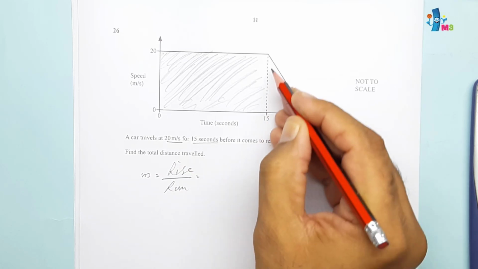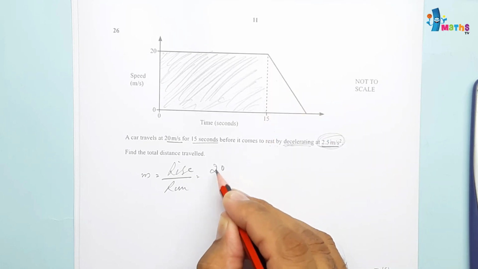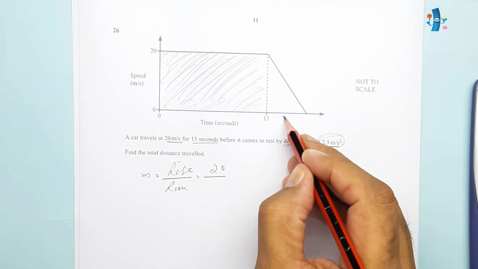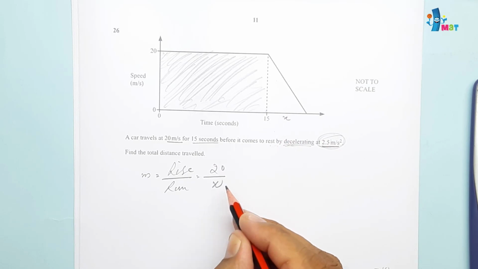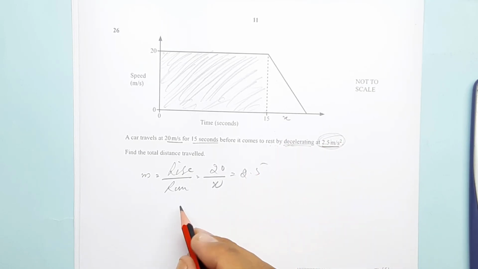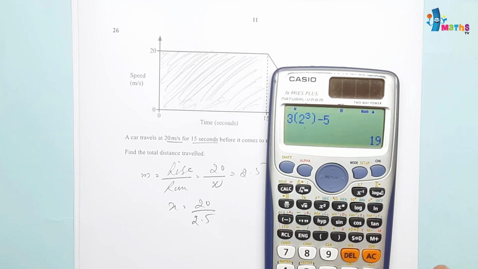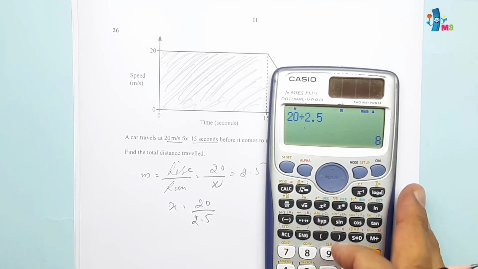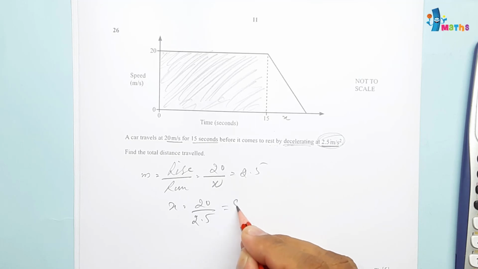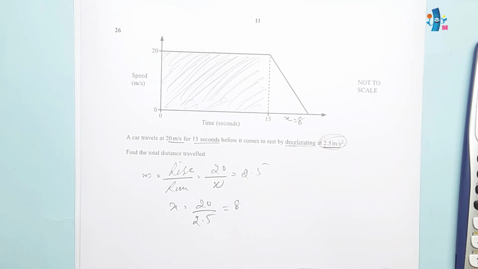So the rise of the triangle is 20, so this is 20, and run is this x value. We can write x. And this information is given, that this is equal to 2.5. So x will be equal to 20 divided by 2.5, and 20 divided by 2.5 is equal to 8. So this x value is equal to 8, which we have calculated.